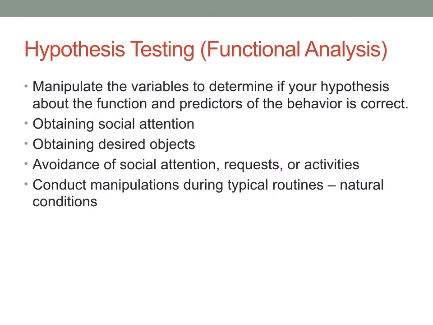Another way to test your hypothesis is to do functional analysis. So, simply saying, you will manipulate the antecedent variable and consequence variable you identified to determine if your hypothesis about the function and predictor of the behavior is correct.